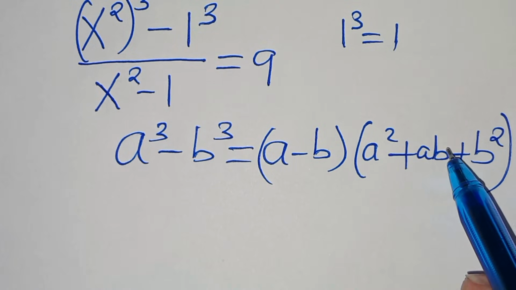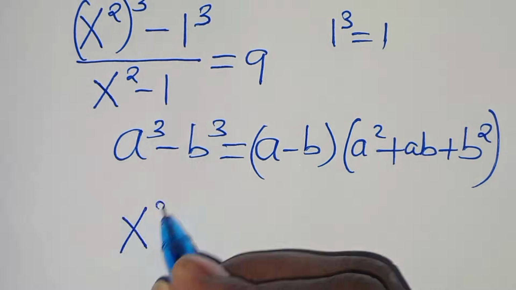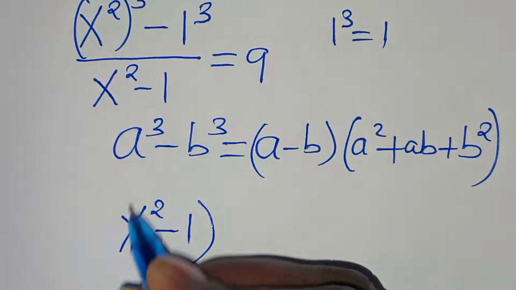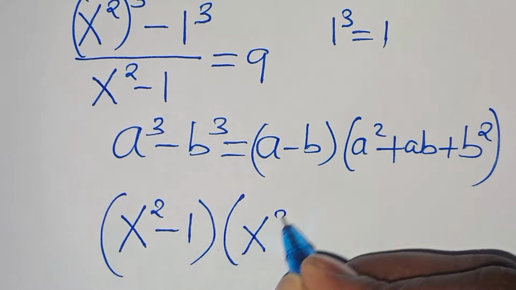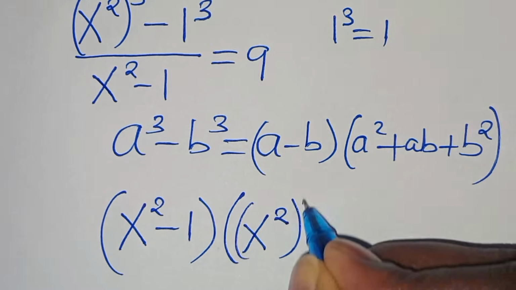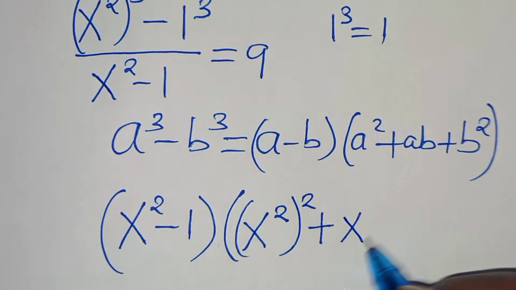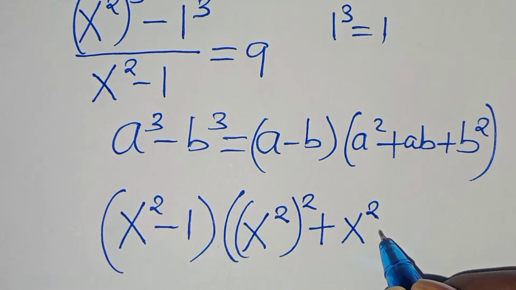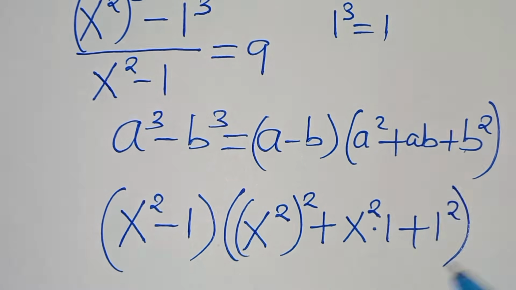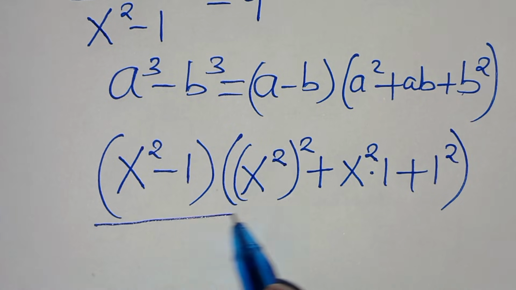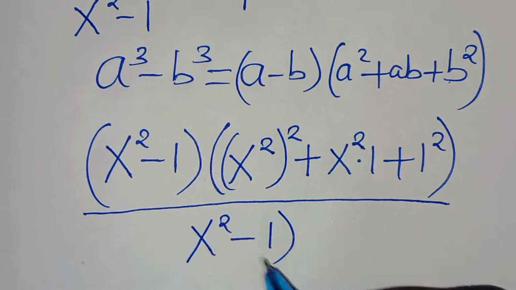Applying this identity, in the numerator we have (x^2 - 1) times ((x^2)^2 + x^2 times 1 + 1 squared), everything divided by x^2 - 1.